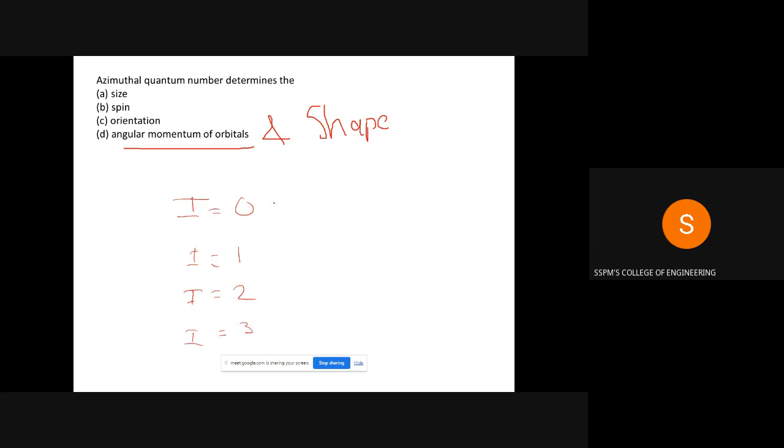For 0, it is the s orbital, which has a sphere shape, circular shape. Then for l equal to 1, the p orbital is 1 of 3, so it is a dumbbell shape. Then the d orbital is 1 of 5.